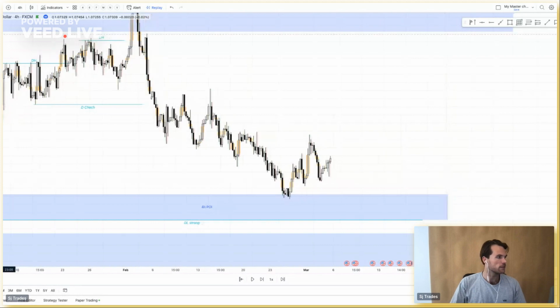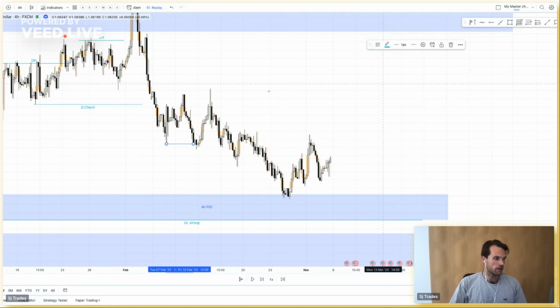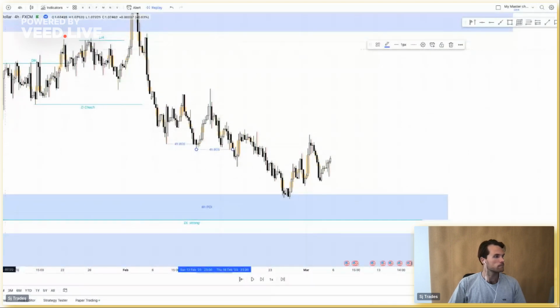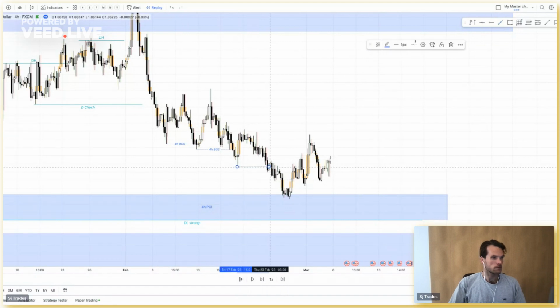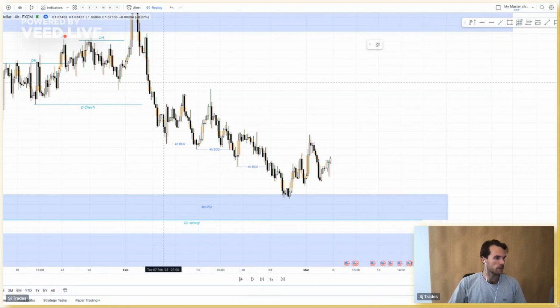Okay. Now in the 4 hour structure, we had 4 hour break of structure, 4 hour break of structure, another one, find it, little liquidity grab here, I'll just note.